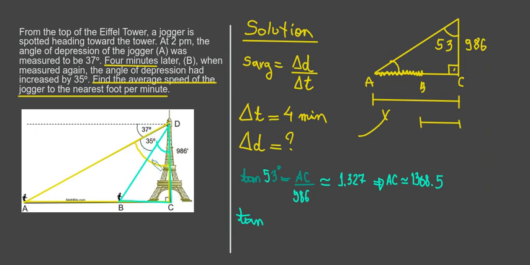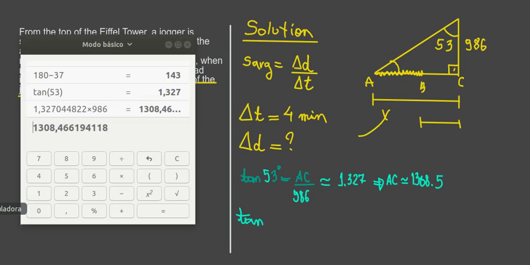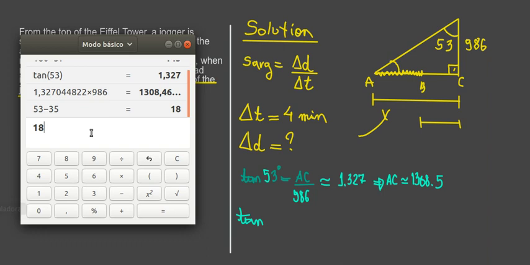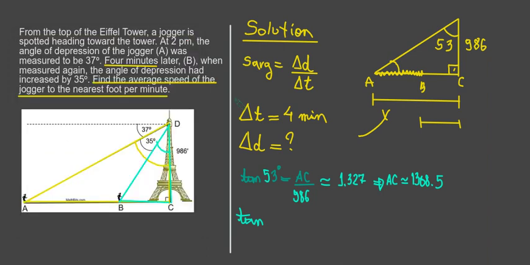If you do this subtraction, 53 minus 35, we get 18. So the tangent of 18 is BC divided by the same number again, 986.